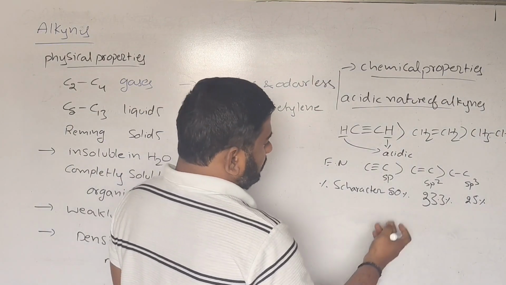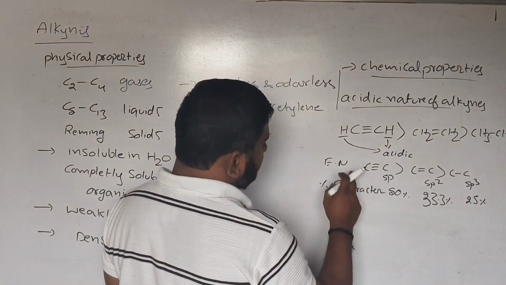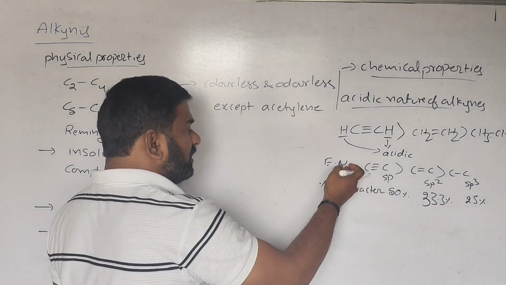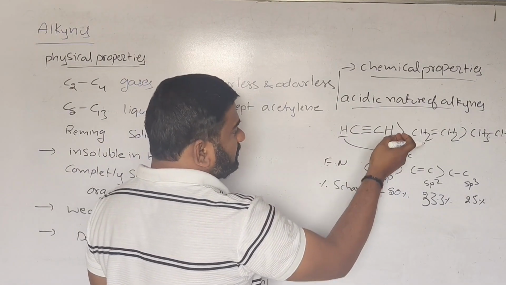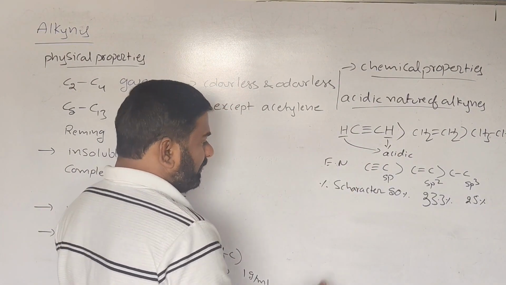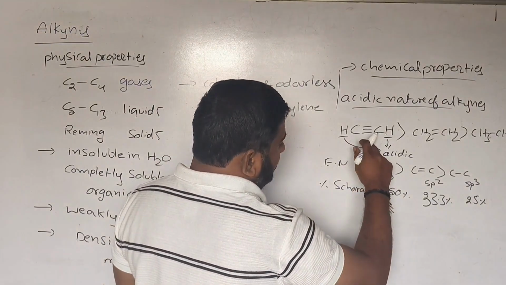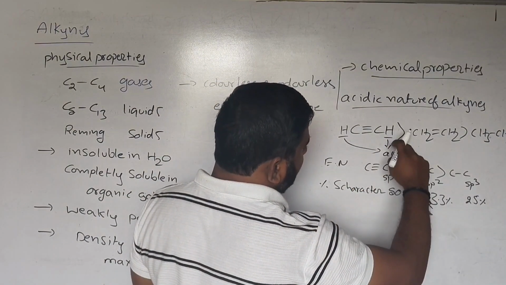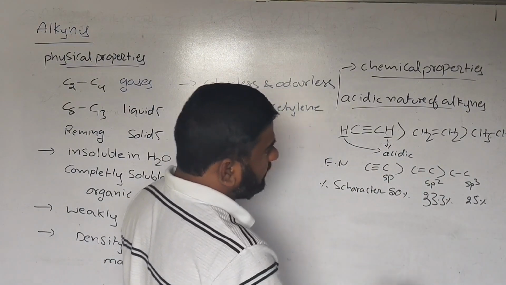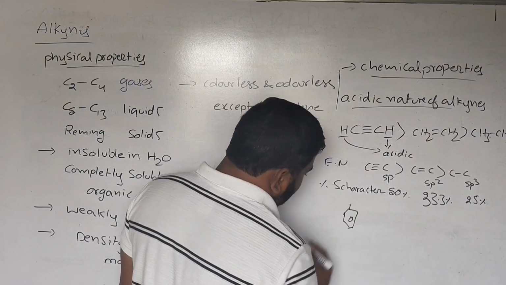Triple bond means sp hybridization, with 50% s character. Double bond means sp2, with 33.3%. sp3 means 25%. So the hydrogen attached to the more electronegative species is more acidic. In this way, alkynes containing acidic hydrogen are more acidic than alkenes and alkanes.